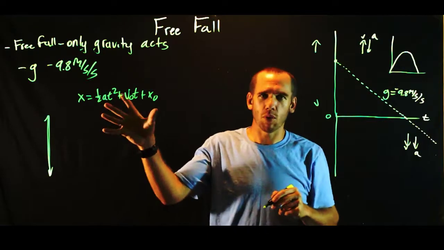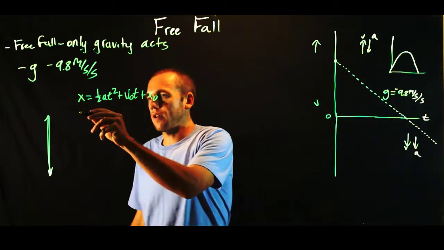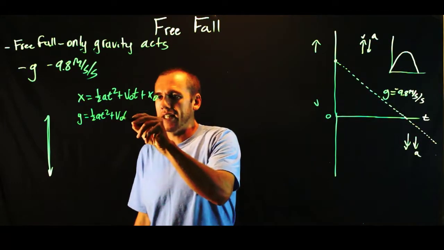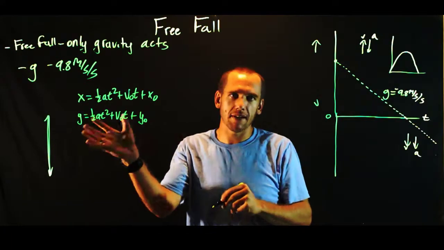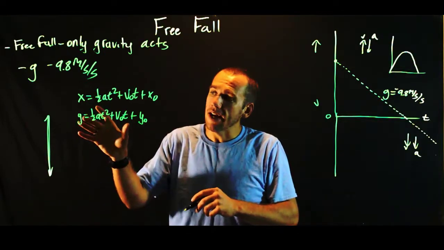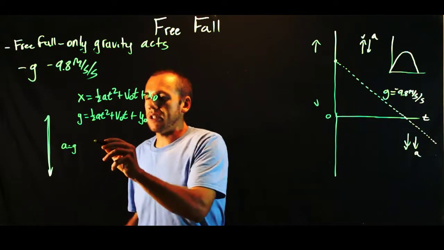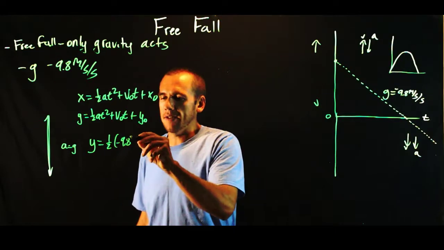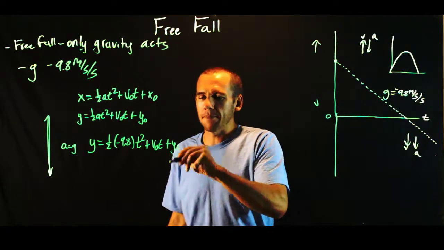Well, this is written for horizontal motion, where x is horizontal position. But all I have to do to go to vertical is write y equals 1/2 a t squared plus v naught t plus y naught. Now I've got heights instead of positions, so it's height measured up and down instead of left and right. Now, the acceleration is the acceleration due to gravity. So if a equals g, this becomes y equals 1/2 times negative 9.8 t squared plus v naught t plus y naught.